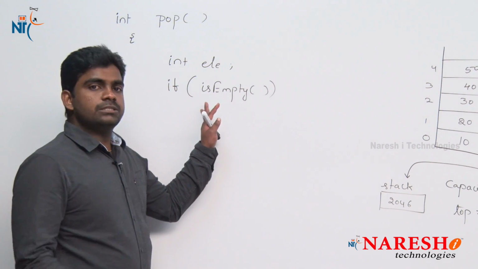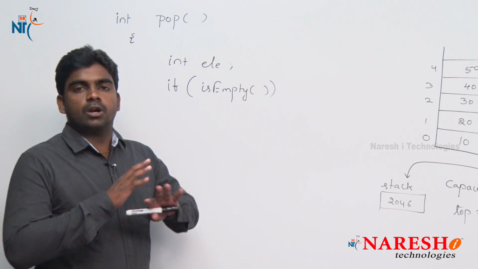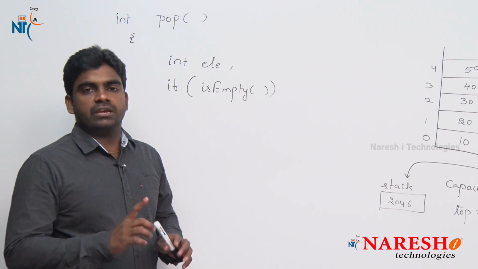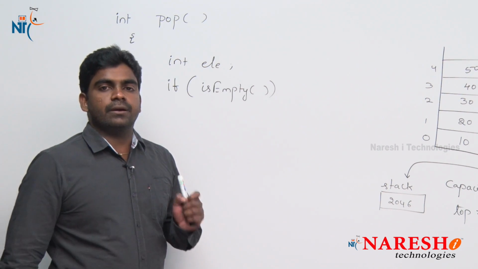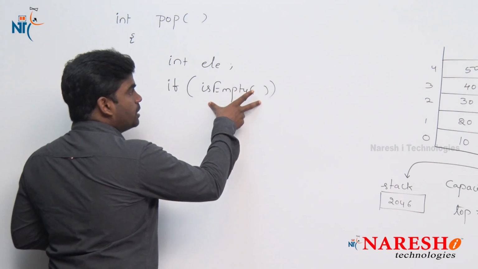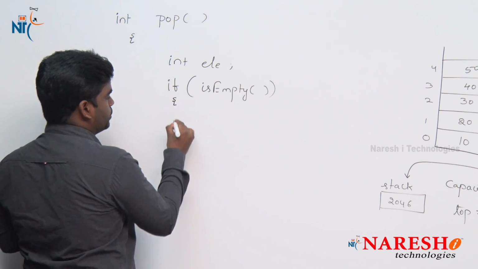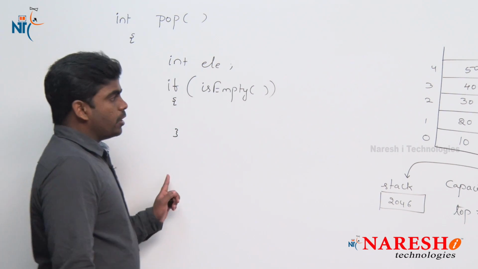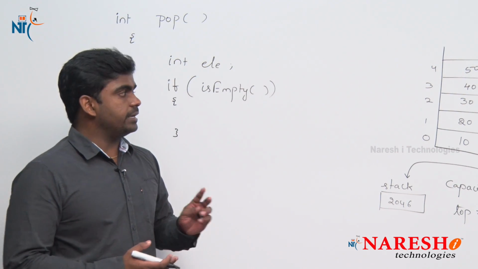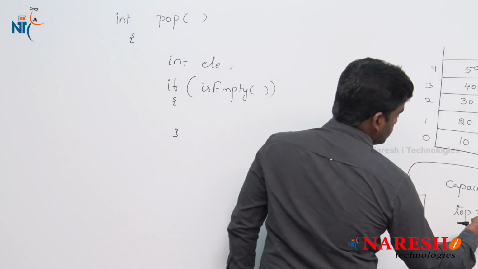If it returns 0, that means the stack contains some elements. If elements are not present, it returns 1, the condition is true and it will execute. But as of now, according to our stack, elements are there. Already 5 elements are there, and the top value is 4.